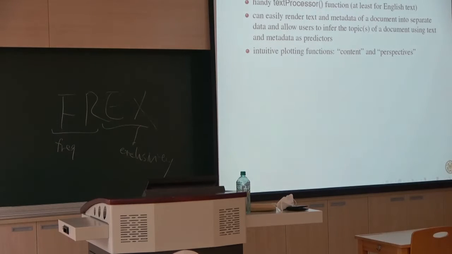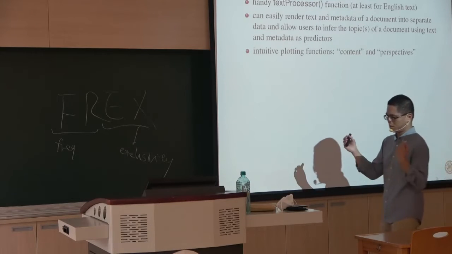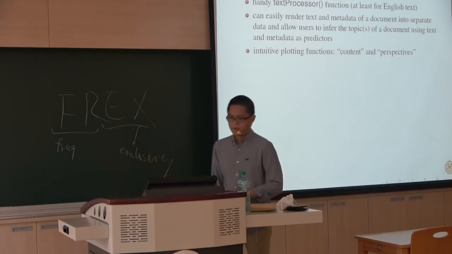For example, you need to get rid of those documents that contain missing values or empty cells, because the text processor is written for English, so you probably wouldn't be able to read those words, and it would throw you an error message. But for English text, you can do this with relative ease.